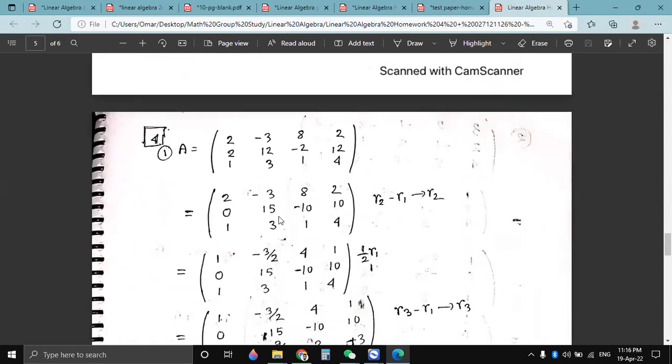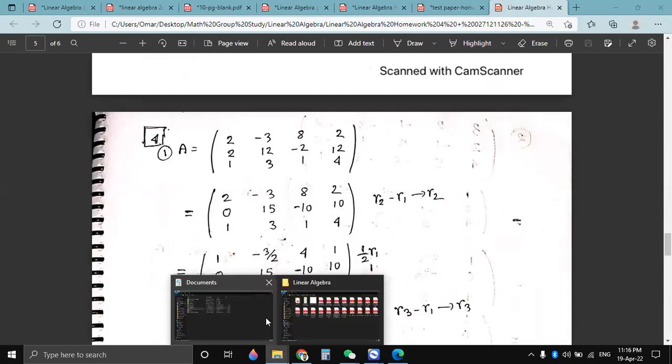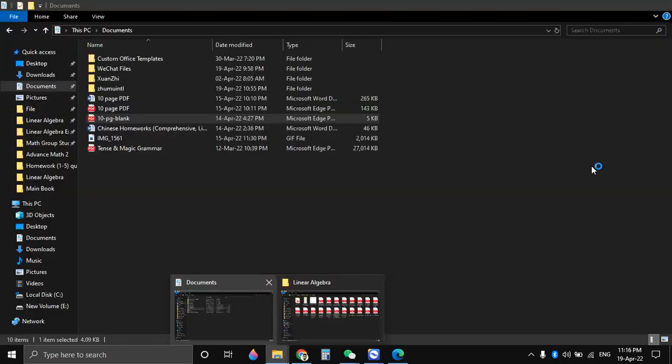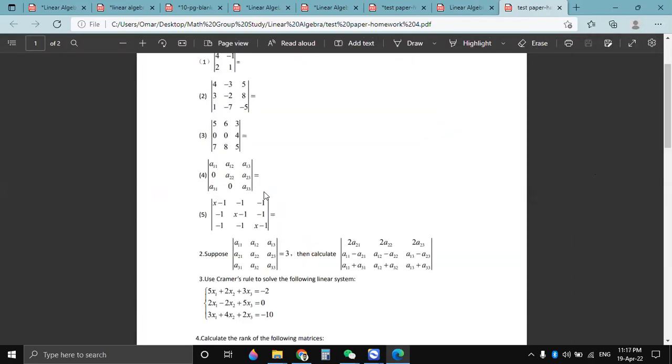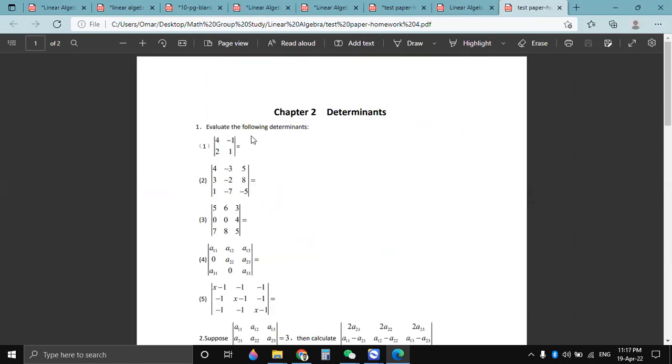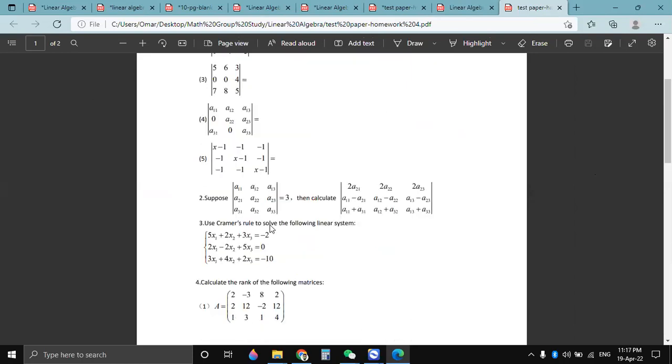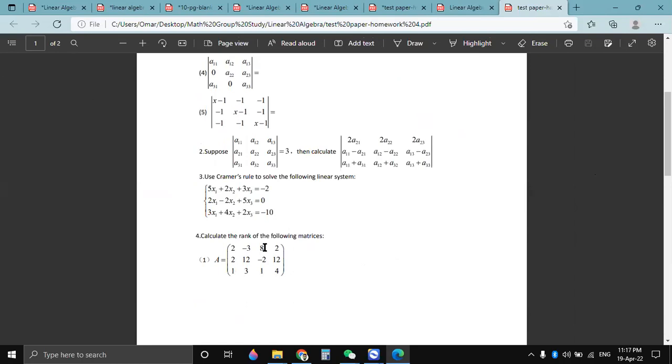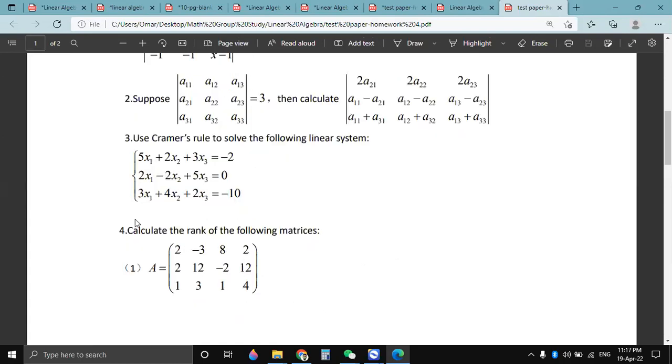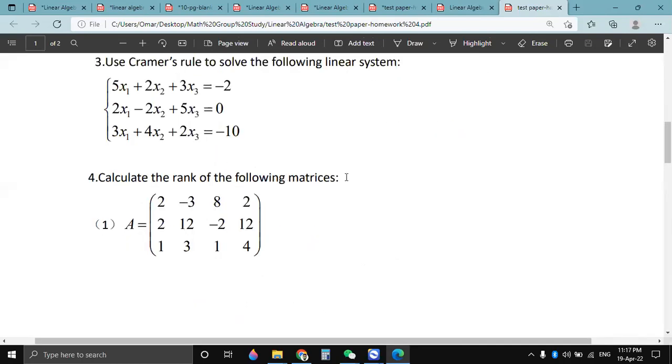For homework 4, we have a similar kind of problem, okay? Number 4, calculate the rank of the following matrix. So this is a 3 by 4 matrix, right? 1, 2, 3, and 1, 2, 3, 4. This is a 3 by 4 matrix.